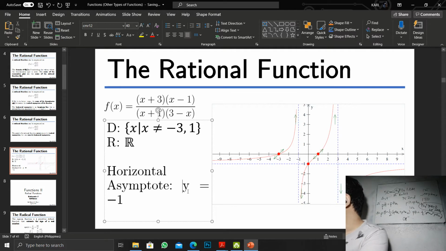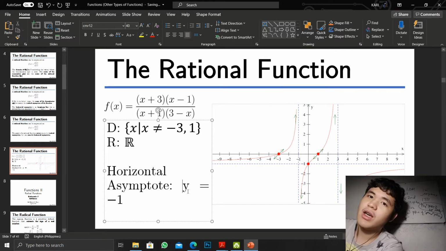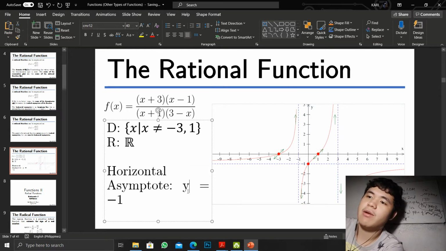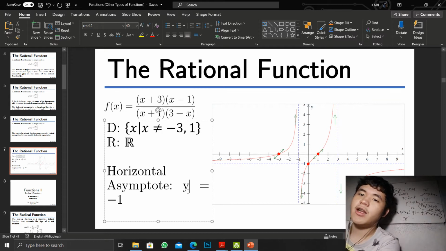And also kapag tapos na kayo sa isang item, please feel free to contact me, no? I will check. Pag hinart reacts ko, tama. Good job. Tama yan, Megan.